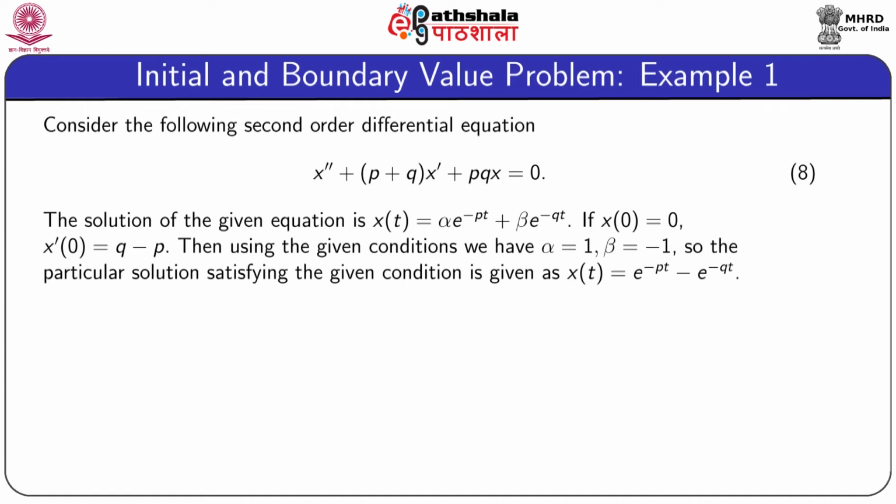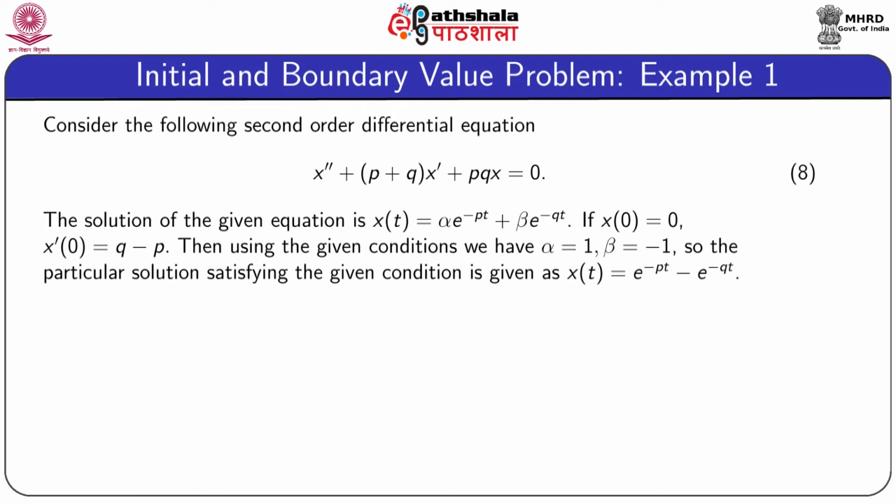We consider a second order differential equation x'' + (p + q)x' + pq x = 0. If you solve this differential equation, you will get the solution x(t) = α e^(-pt) + β e^(-qt).